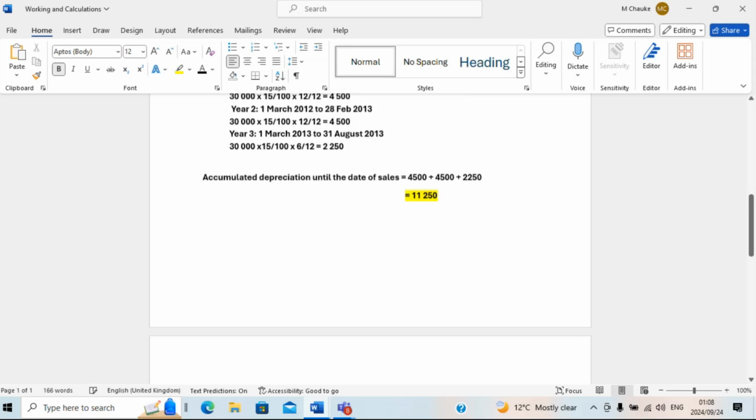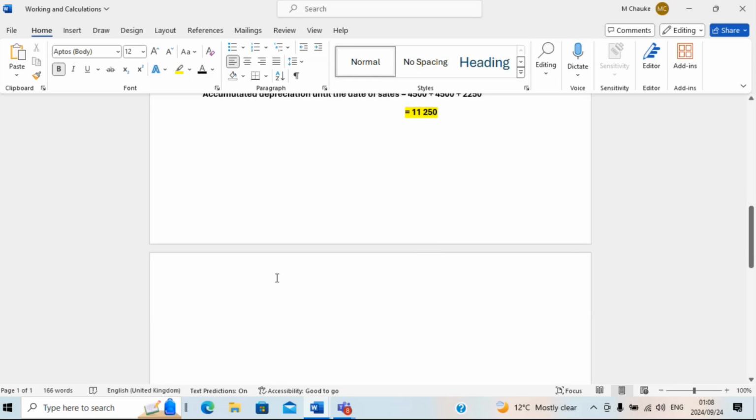Now we're going to calculate depreciation for the remaining or old vehicle. Some people call it old, but I call it remaining. For the remaining vehicle, we're just going to calculate depreciation for this year only, because it was there for the whole year.